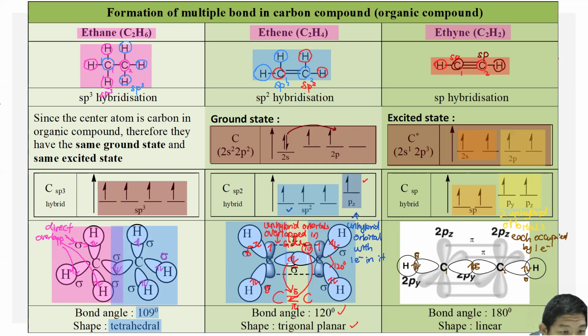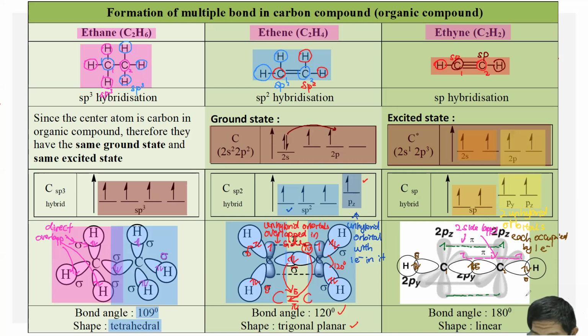Each of them is going to undergo side lapping, where the two pz overlap with each other, as shown here. And then the two py overlap with each other, forming another side lapping bond. Now you have two side lapping bonds, which means you have two pi bonds.